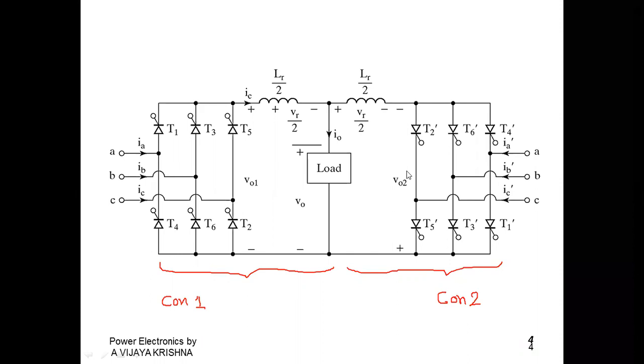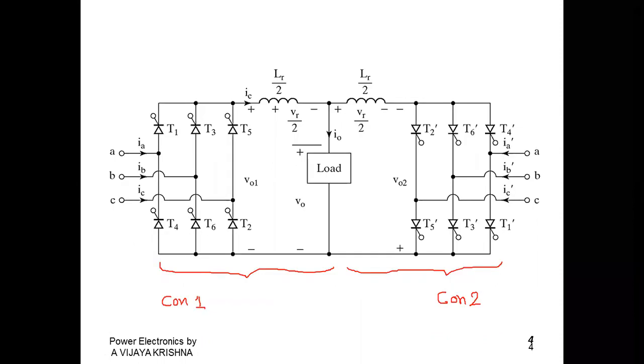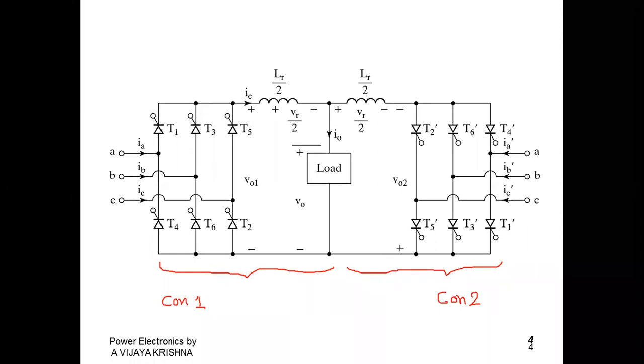Next, before going to the practical dual converter, we discuss the ideal dual converter. Whenever we go towards the practical one, we always discuss the ideal one first. Here we assume the dual converter consists of two ideal converters with no ripple in their output voltage.